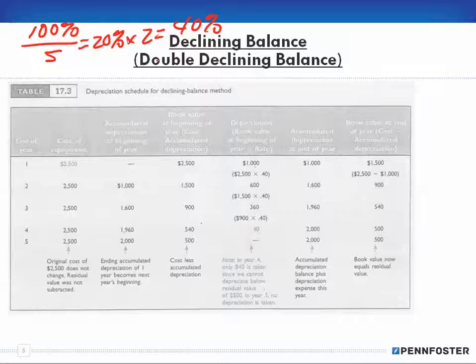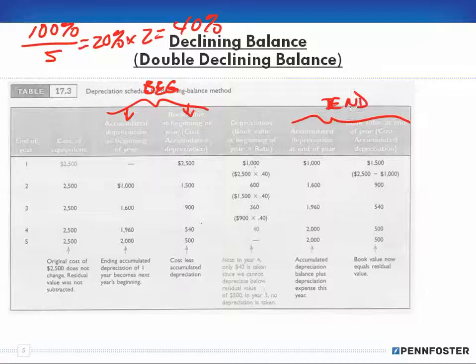Now, we create a schedule of depreciation, and this schedule has just a couple of nuances from the others. You'll see that these two columns, accumulated depreciation and book value, are for the beginning of the year, and our last two columns are pretty much the same as the other schedules we looked at for straight line and units of production, and they're for the end of the year.